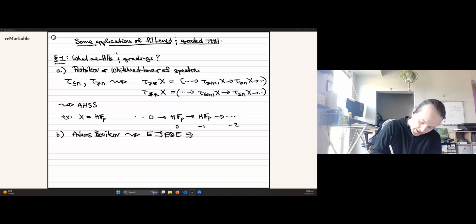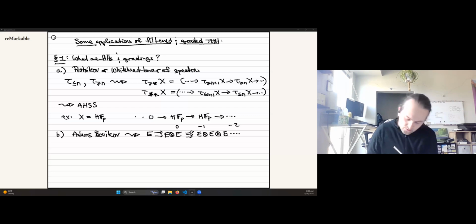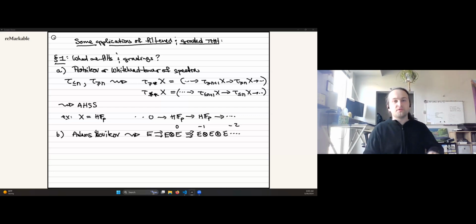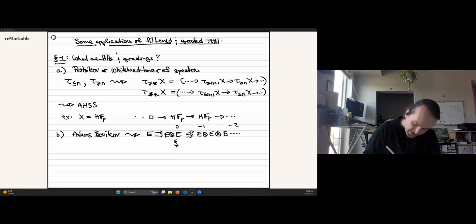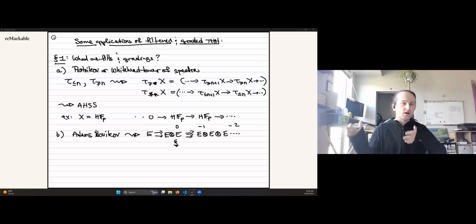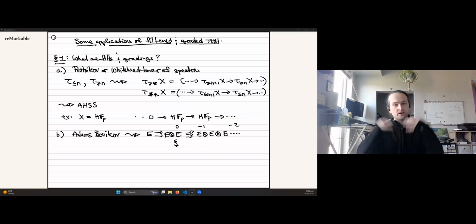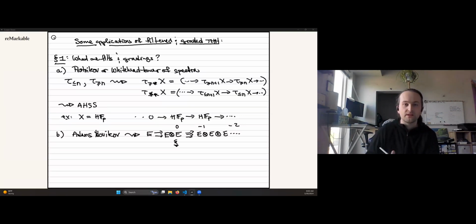It's a big cosimplicial object, and it goes like this forever. What you could do is take the totalization of this thing, and by the Dold-Kan correspondence, you can always write a cosimplicial spectrum as some sort of tower of spectra. This will basically give you something that looks like the I-adic filtration associated to a ring and an ideal.